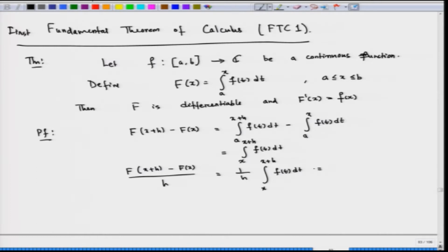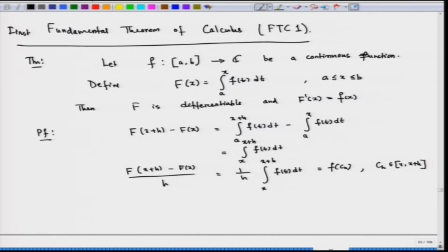By the mean value theorem for integration, this is going to be equal to f of c_h, for some c_h belonging to the interval x to x plus h. Let me write it more carefully.